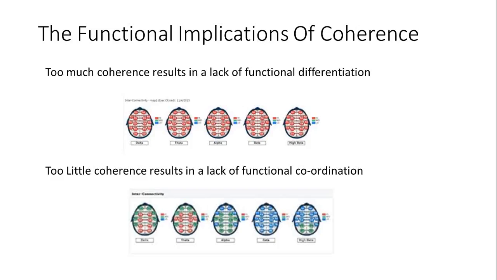We want everybody talking and communicating, but not too much. Too little coherence, which in our map system looks blue, results in a lack of functional coordination. So those two areas are in that phase reset period on an ongoing basis. They are not locking up very often, so you're not getting much communication.